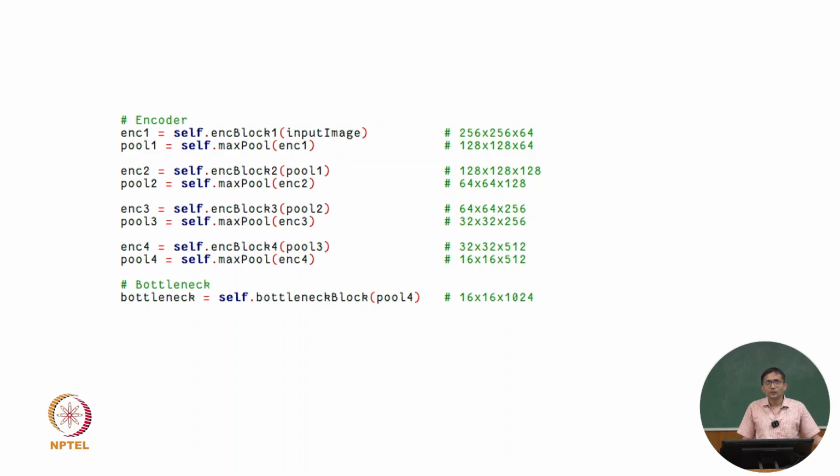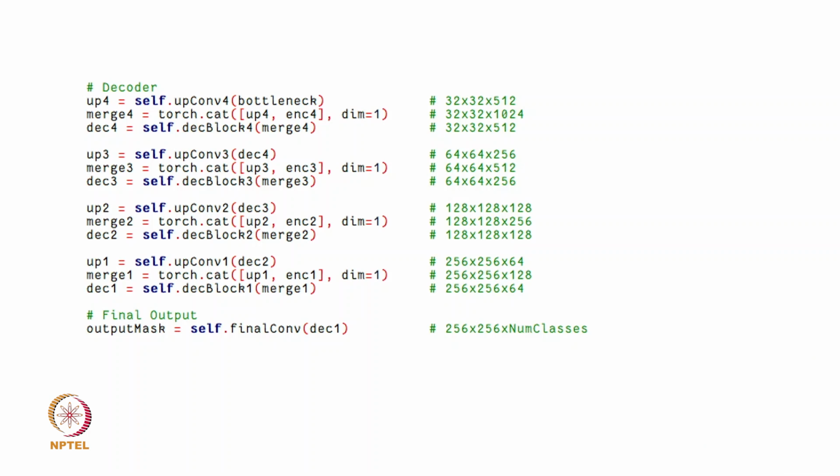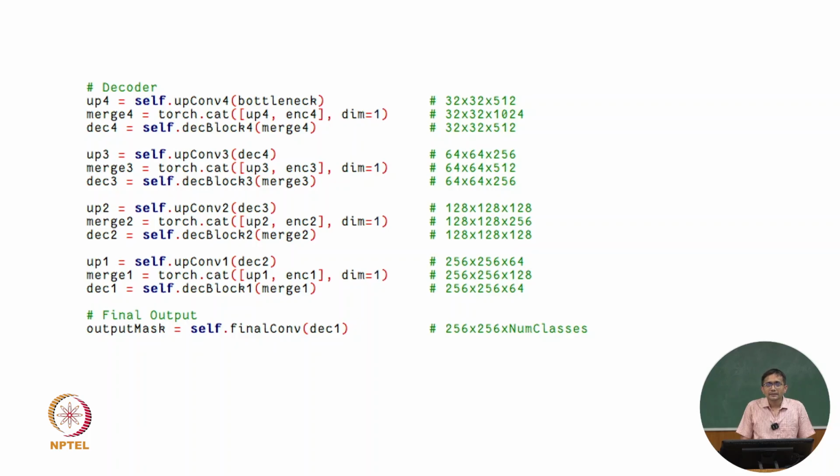When we go to the decoder, we get back our spatial dimension, and finally we get back the 256 by 256 input spatial dimension, times the number of classes.